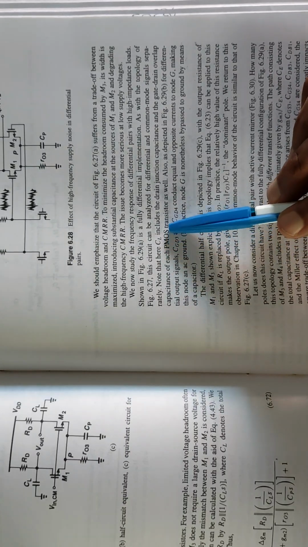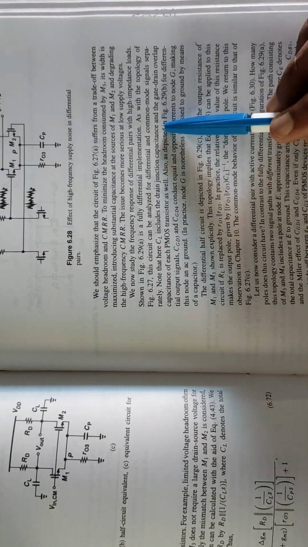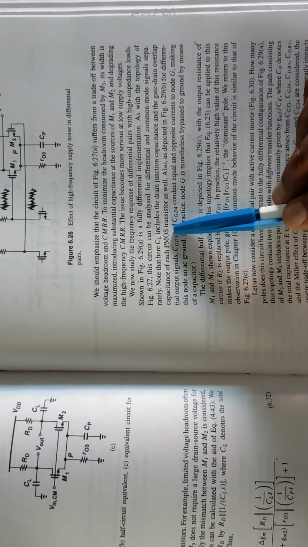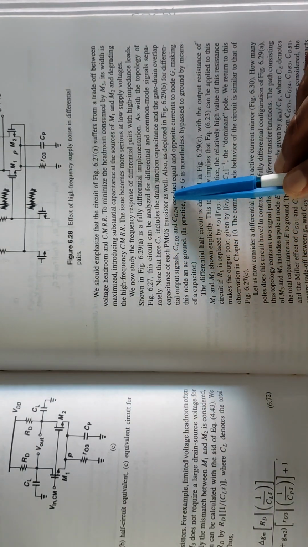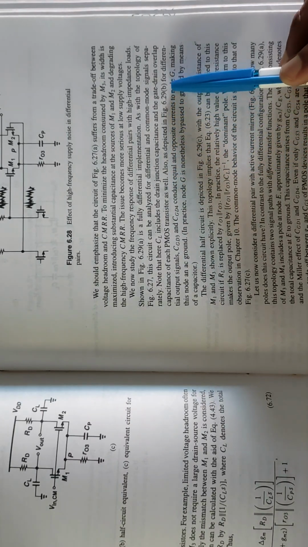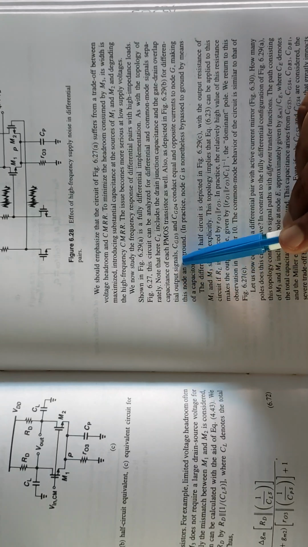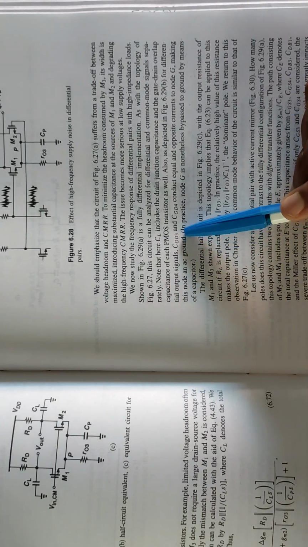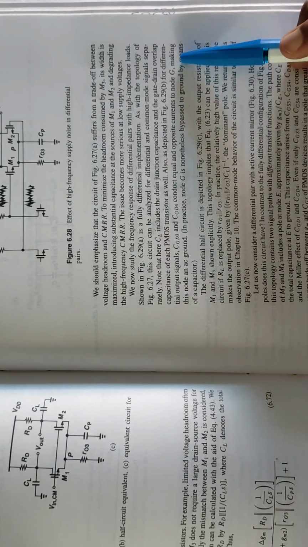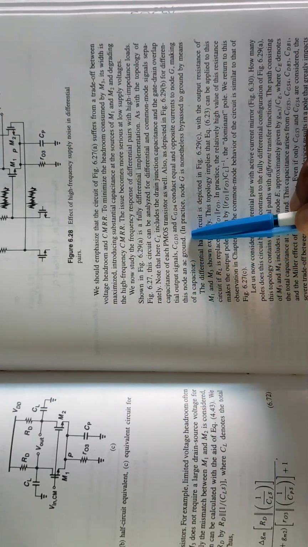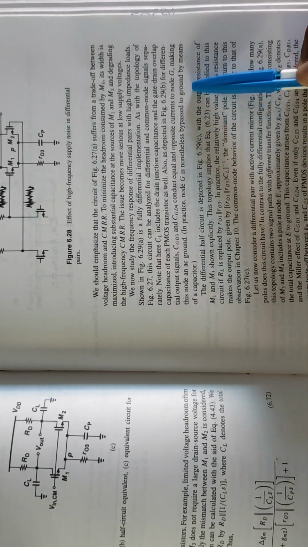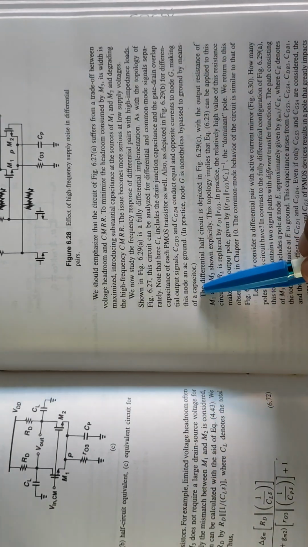Note that here CL includes the drain junction capacitance and the gate-drain overlap capacitance of each PMOS transistor as well, as depicted in figure B. For differential output signals, CGD3 and CGD4 conduct equal and opposite currents at node G, making this node an AC ground. In practice, node G is nonetheless bypassed to ground by means of a capacitor.